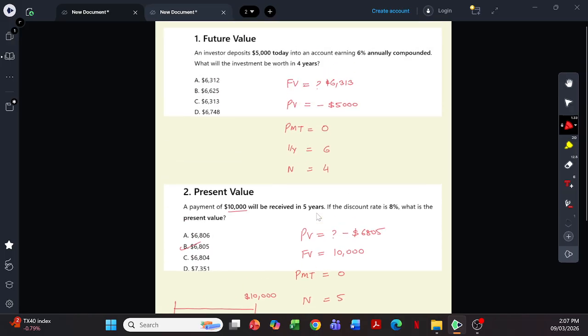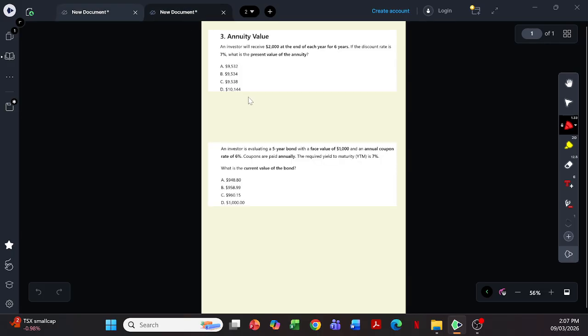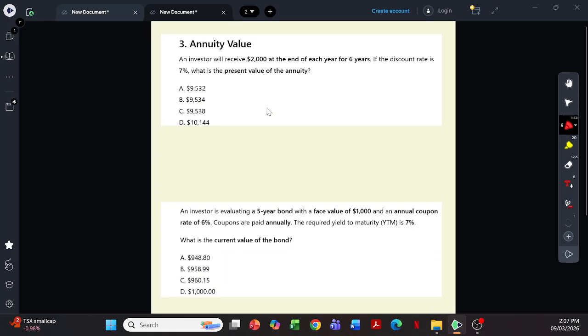So these are two examples of how we can use the financial calculator to calculate the present value or the future value of a single cash flow. So let's look at annuity value. An investor will receive 2,000 at the end of each year for 6 years. Okay, so I'm going to again put the variables down.